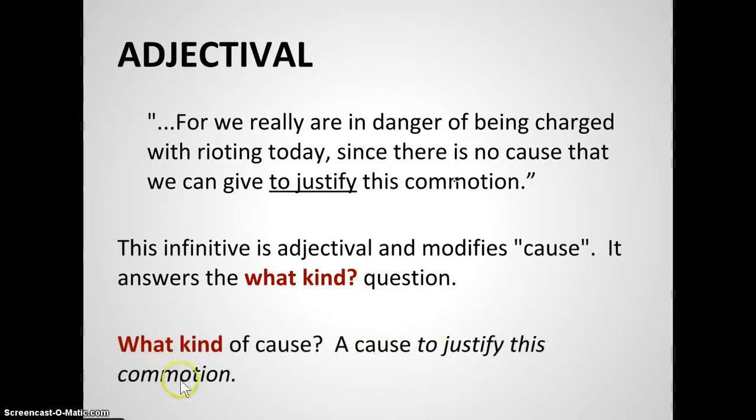A cause to justify this commotion. You might call it a to-justify-this-commotion cause, in which case you can see that it's an adjective modifying this noun cause. Now that's a little bit more difficult to see, but all the same, this is an infinitive phrase here, modifying the noun cause, and therefore it's going to be adjectival.